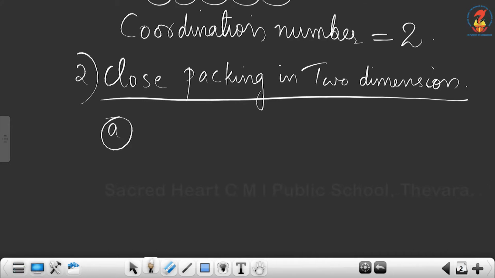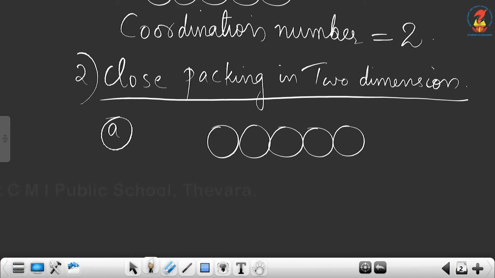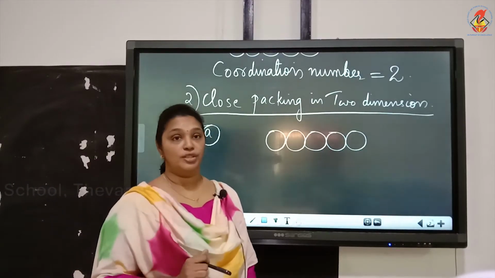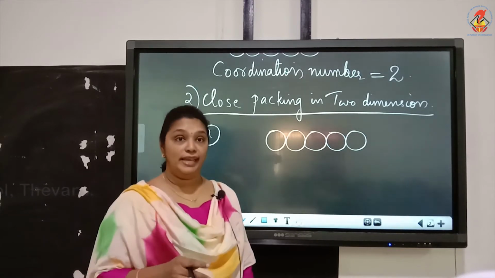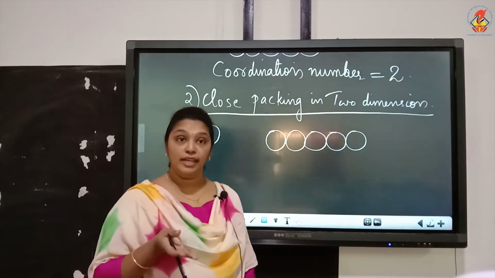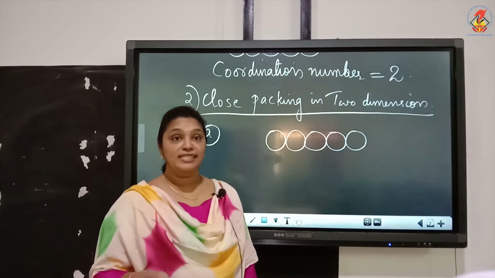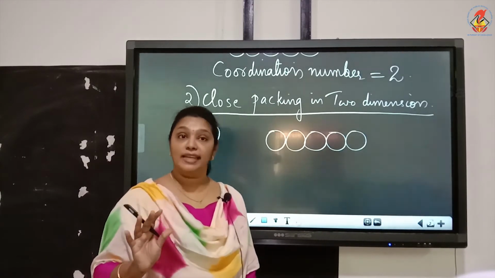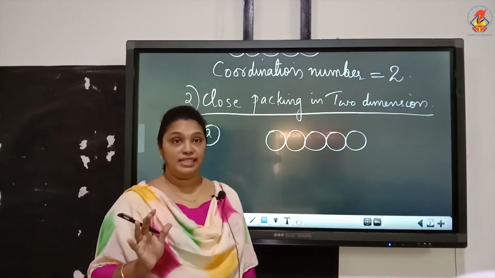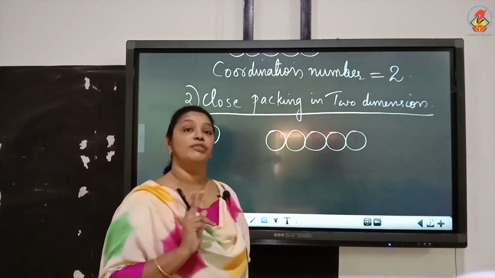The first method. In the first method, we have the spheres in 1 row. This is our 1-dimensional close packing structure. Now, we are going to place a second row. When you place a second row, we can see that the spheres of the second row are aligned horizontally as well as vertically with the spheres of the first row.